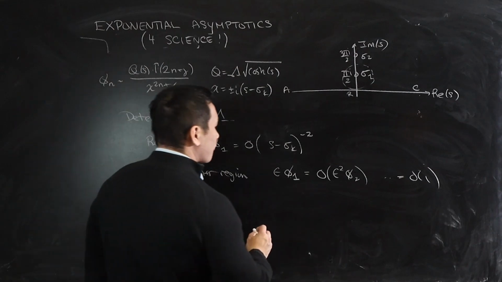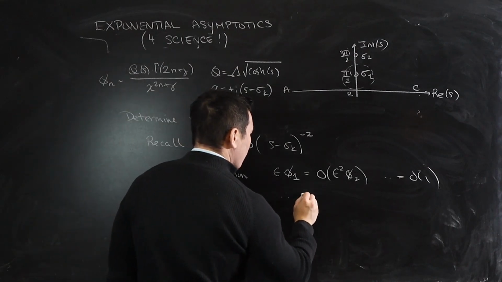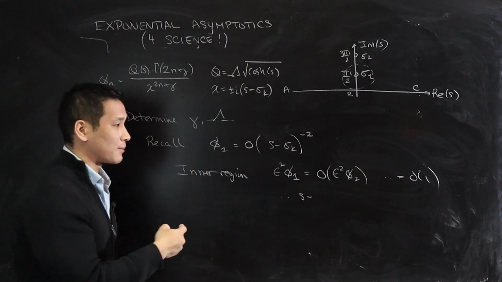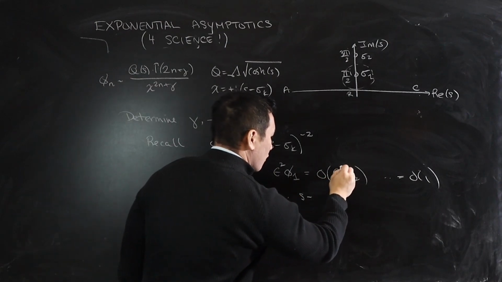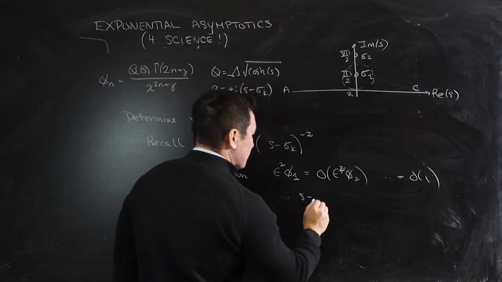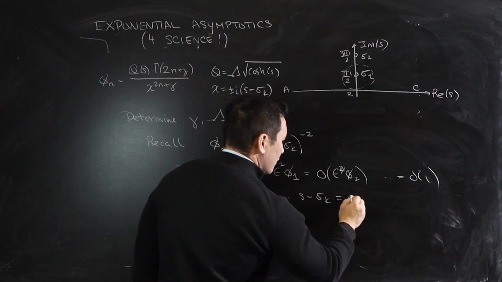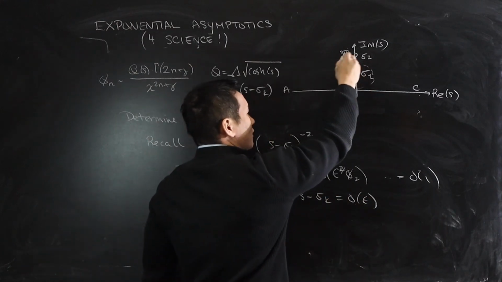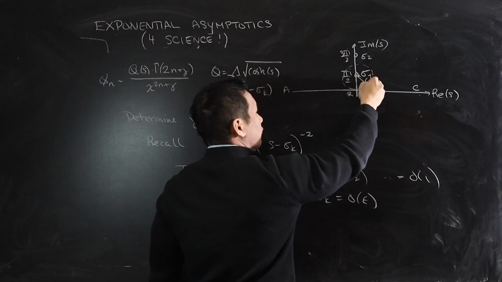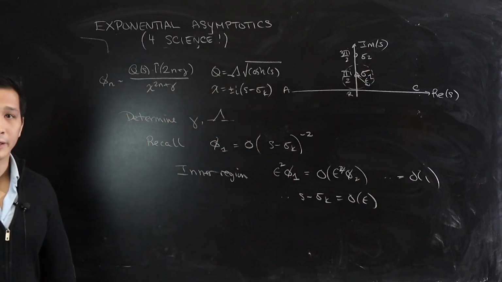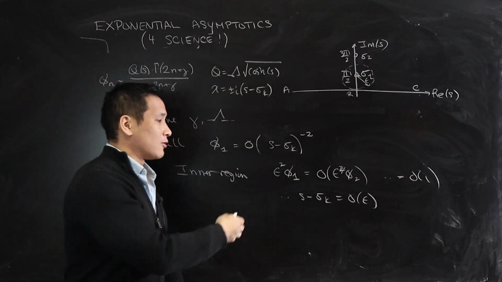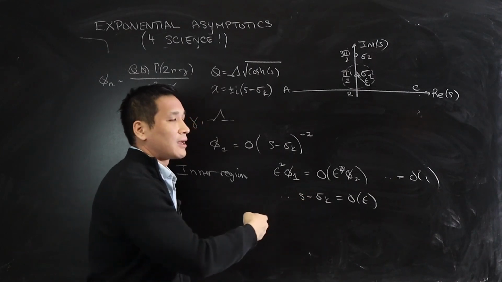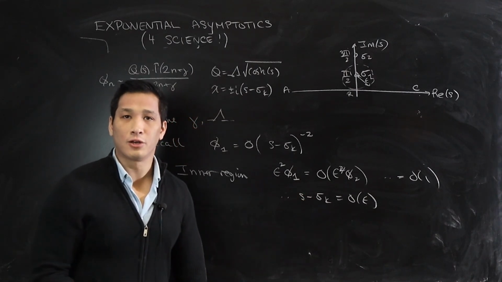And you can verify that this is basically where this is epsilon squared because everything's going up in powers of 2. This is epsilon to the 4. And you can verify that this is basically where s minus sigma k is of order epsilon. So near each of these singularities, there's a little neighborhood of order epsilon that you need to do the analysis in. Then you need to do a coordinate transformation where you're going to set s minus sigma k is epsilon times a new inner variable.